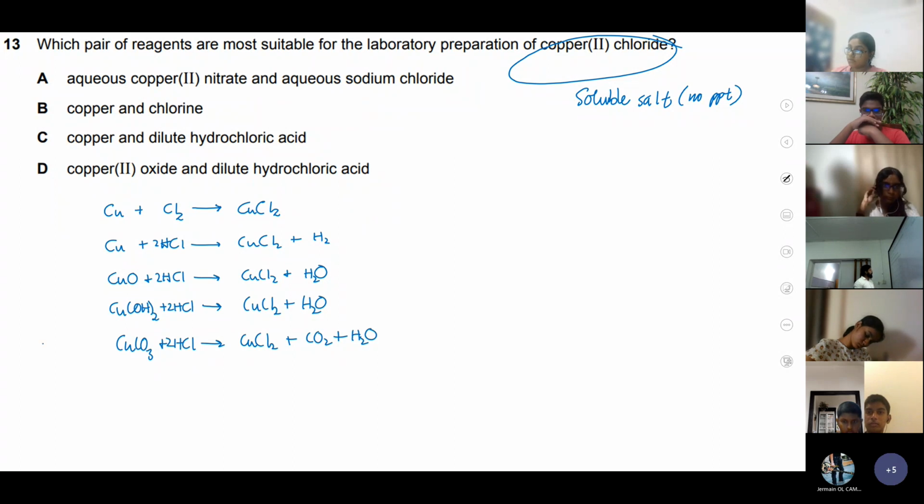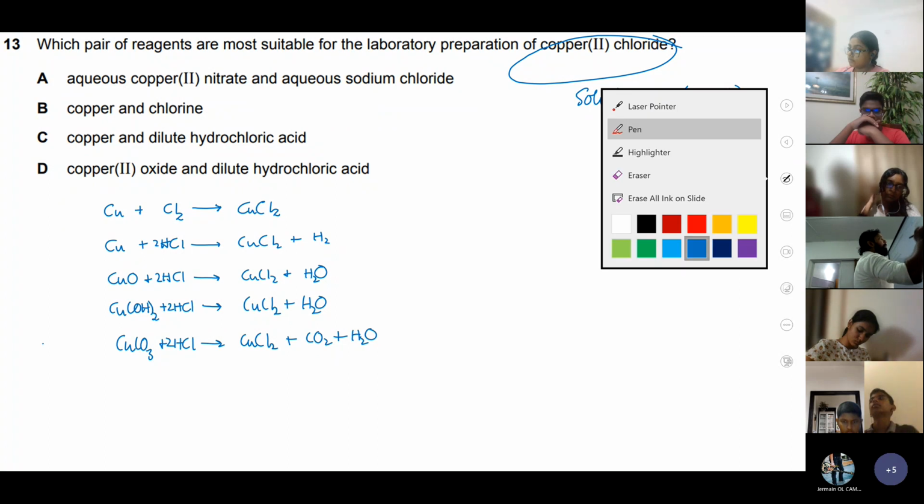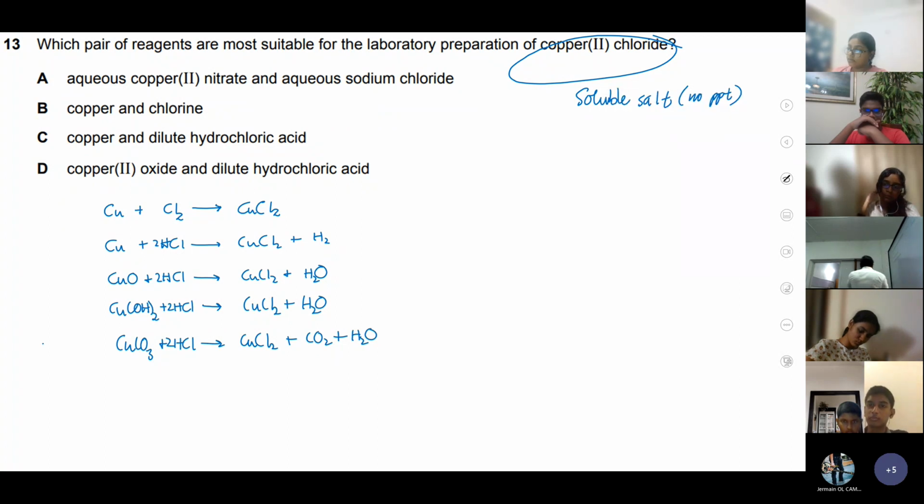We can't be bothered mixing metal and non-metal and doing violent reactions. You can't do this because you never know how much copper solid in the vessel has reacted with chlorine. Normally we don't practice this. So basically it's not practical.